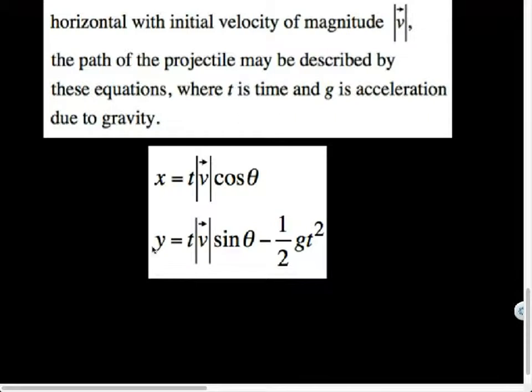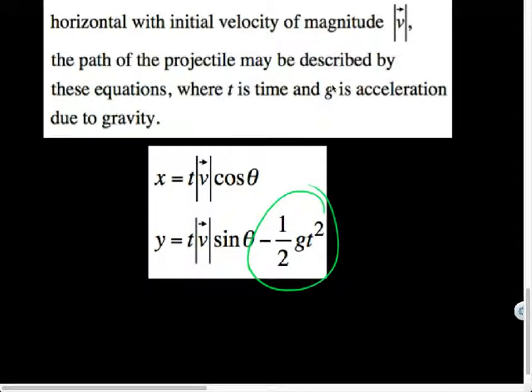Now, the vertical is very similar. So v sine theta, that's the initial vertical velocity, that's being multiplied by t. So if this next term was not here, that would just continue moving in that direction indefinitely, and we would actually have had a linear path. Okay? However, I've got this minus 1/2 gt squared, and you might recognize that from physics classes.